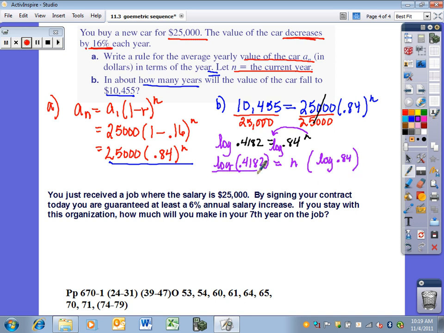So I'm going to divide by the log of 0.84. And I should get my n. And I get n to be about 5 years.